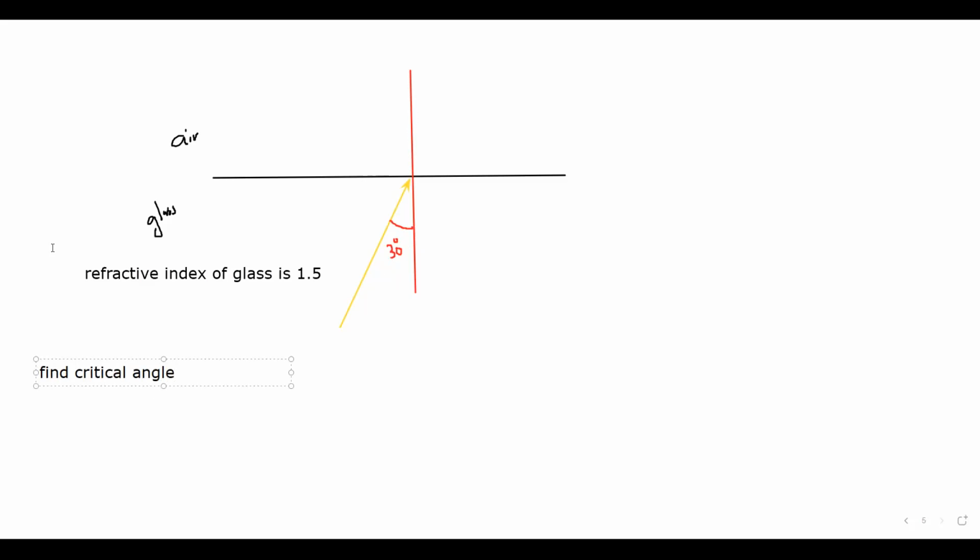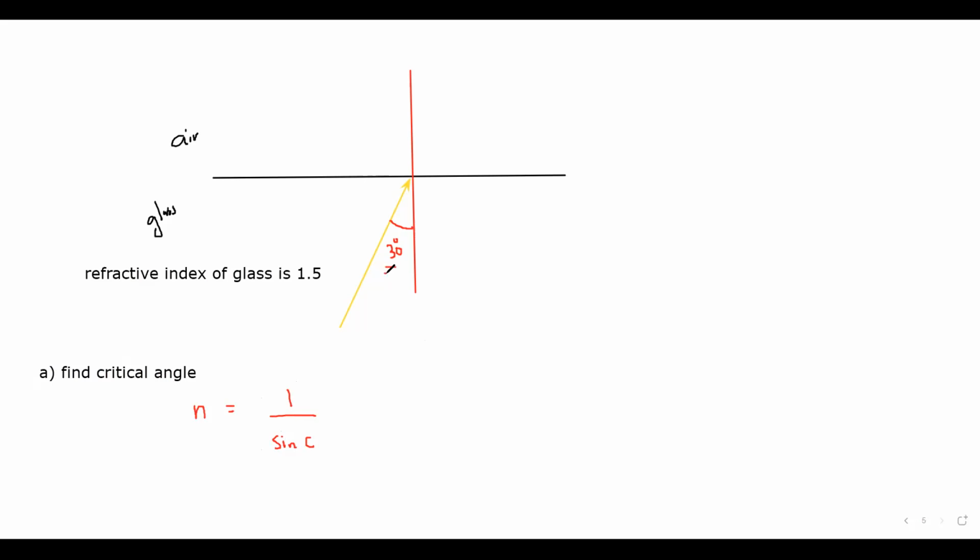That's the first thing, find the critical angle. So how to find a critical angle? The formula which relates the refractive index and the critical angle is n equals 1 over sin c.